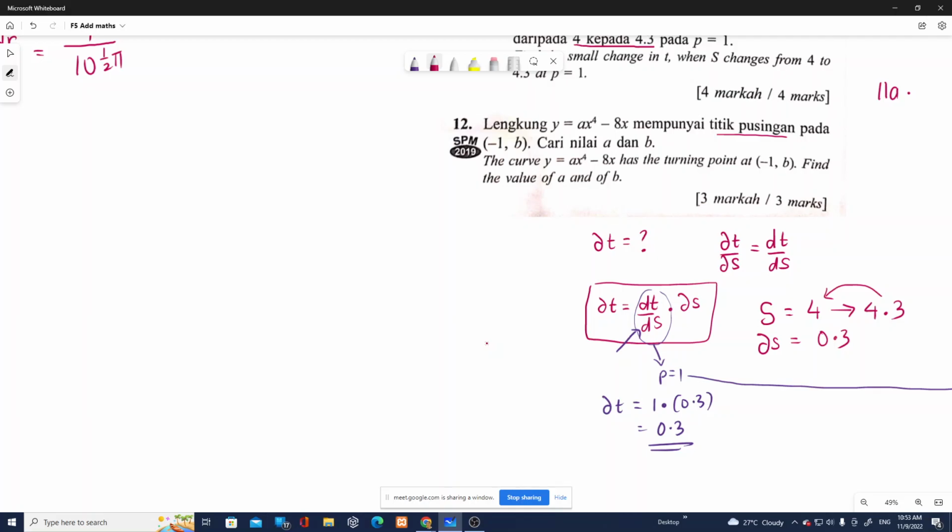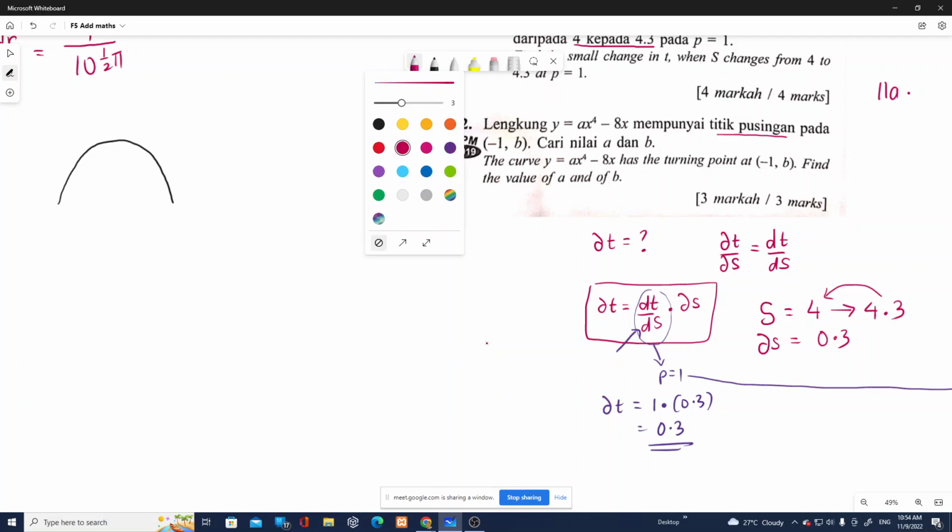Changing gradient. Yes, sir. Apa itu titik pusingan? Okay, maksud titik pusingan ialah kalau kita ada satu lengkung macam ni, ini titik pusingan.